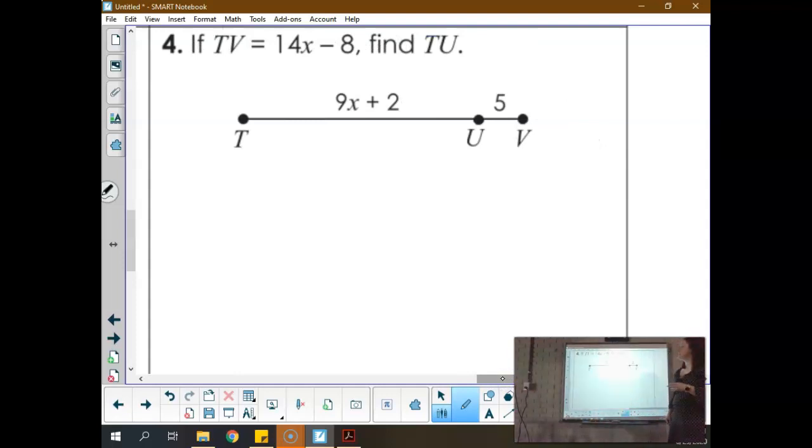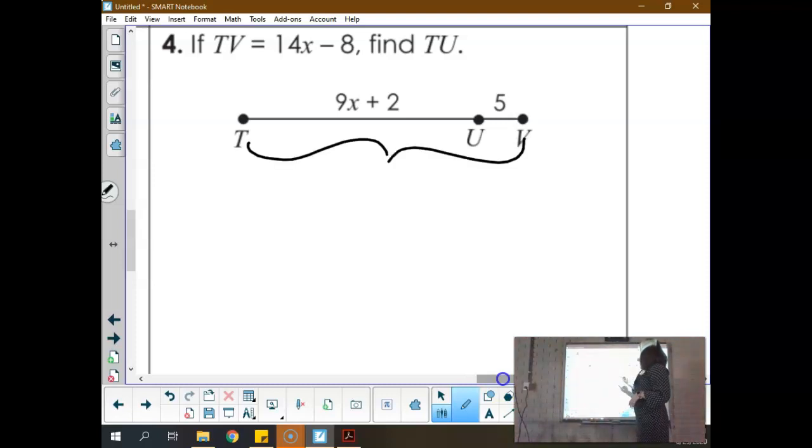So 4 says TV, meaning from T all the way to V, is 14x minus 8. The biggest thing I'm going to point out to you is it doesn't say solve for X anymore. Now it says find TU.